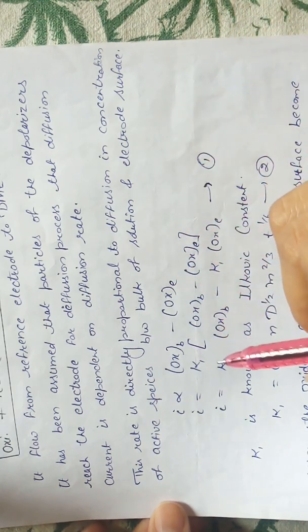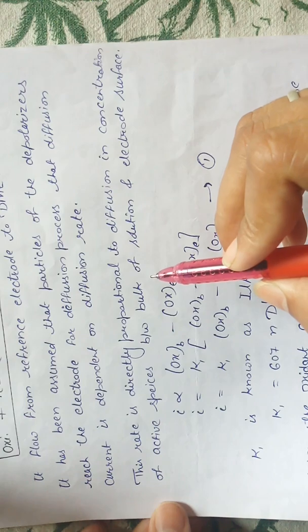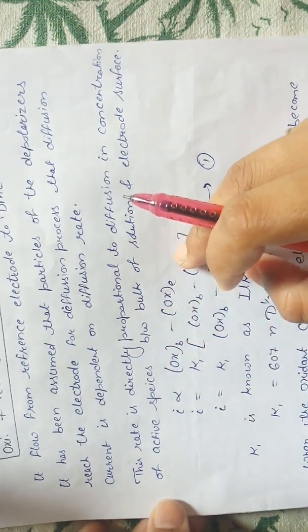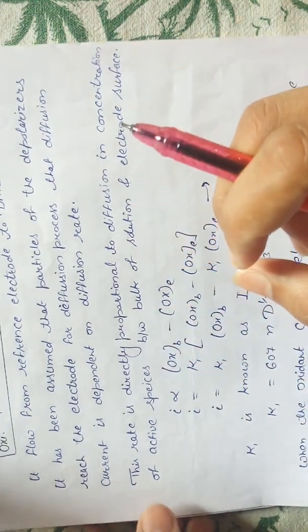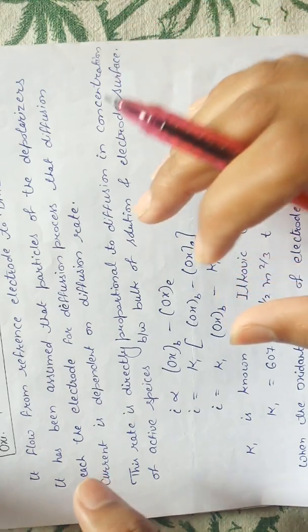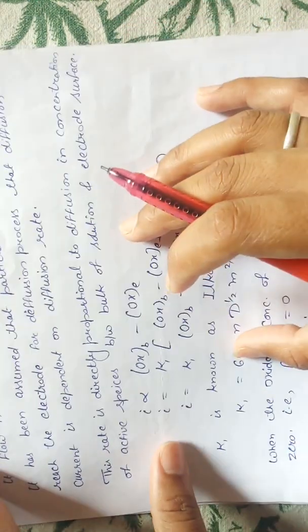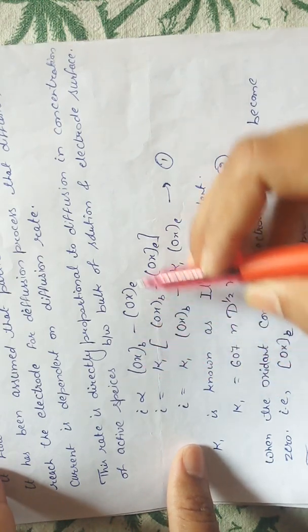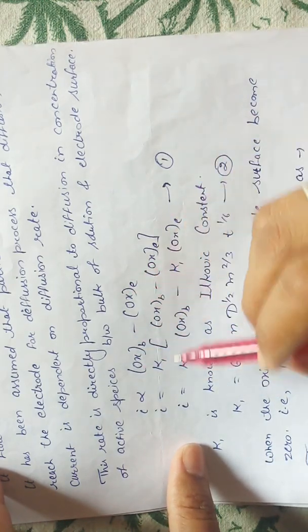That means the rate is directly proportional to the concentration of active species in the bulk and at the electrode surface. So I is directly proportional to oxidant at bulk minus oxidant at electrode surface.